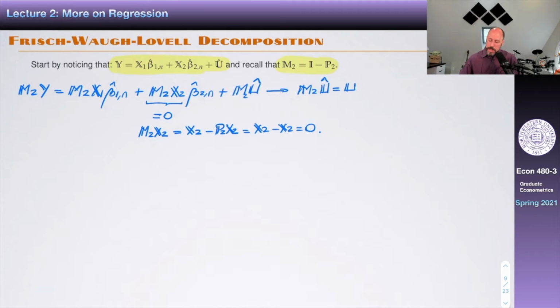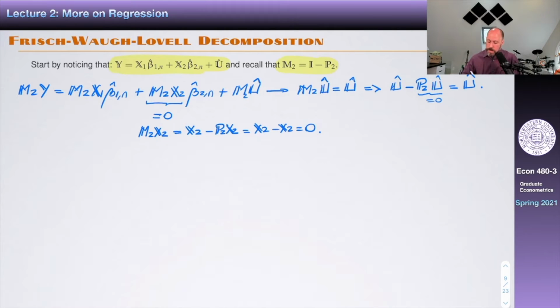It's just U hat. And again, the reason is that this is U hat minus the projection of U hat on X2. But then this projection is 0 because the residuals are orthogonal to the X's by construction. And this is, again, a result that we saw in the previous class.